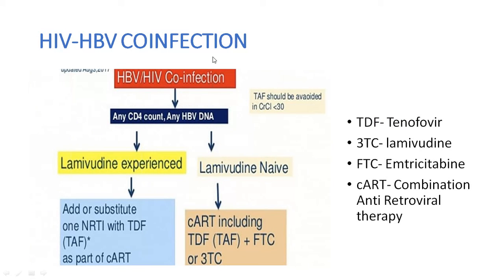HIV and HBV co-infection, how do you treat? In HIV, as we know, you check CD4 counts. If the patient is already taking lamivudine for HIV, then add or substitute one NRTI with tenofovir. If the patient is lamivudine naive, meaning new, then you add tenofovir, emtricitabine, and lamivudine.